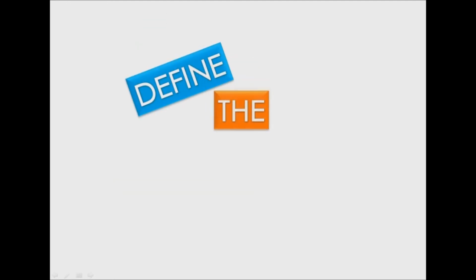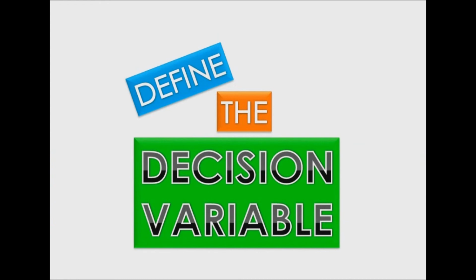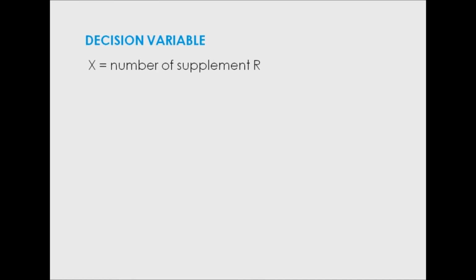Define the decision variable. The decision variable will be represented like this: X equals the number of supplement R, Y equals the number of supplement S.